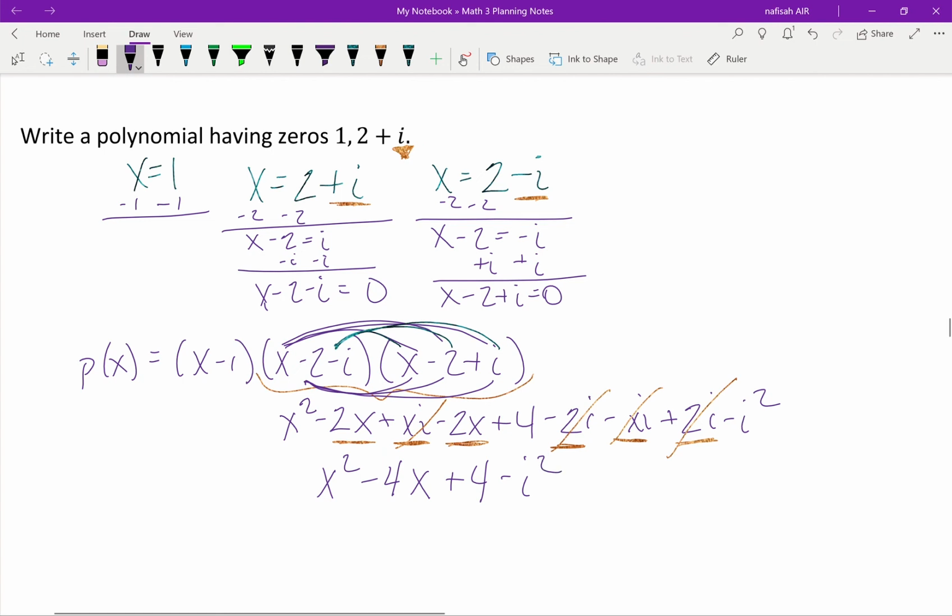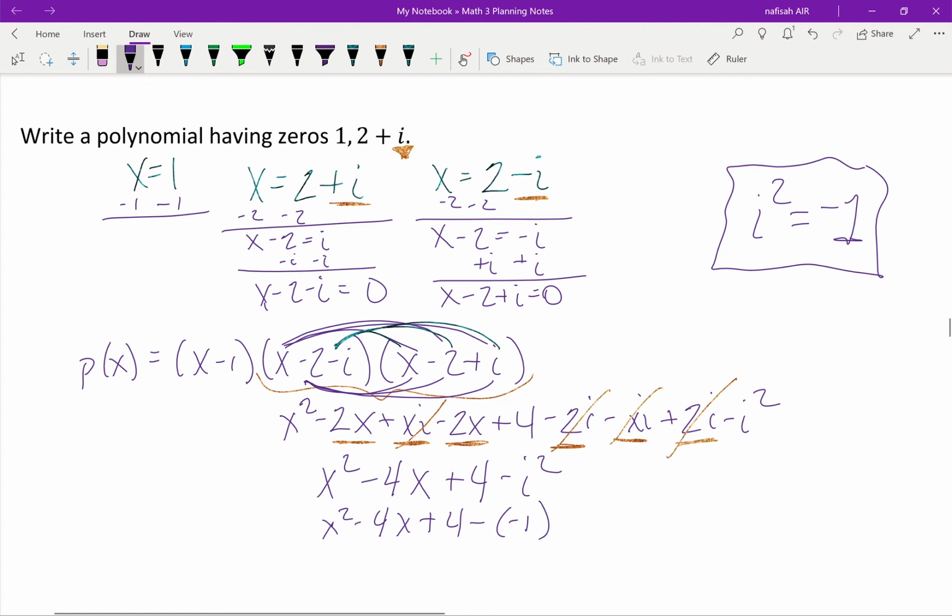I'll have to know that whenever I see an i squared, it equals negative 1. I have to remember that i squared will always be a negative 1. So right here, instead of i squared, I'm going to write negative 1. And I have minus negative 1, which turns it into a positive 1.